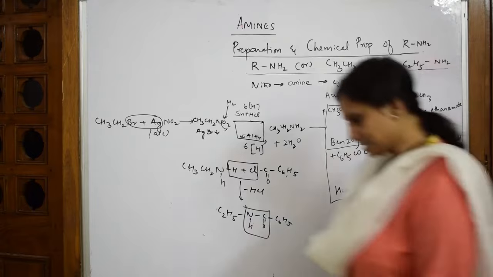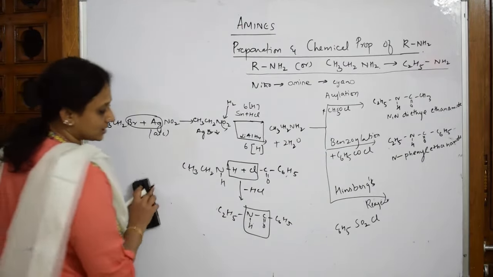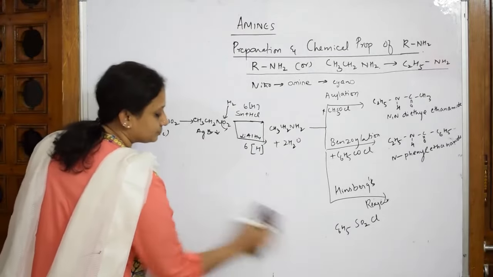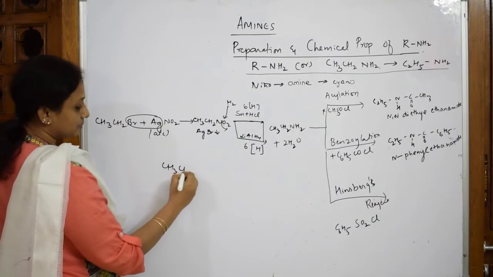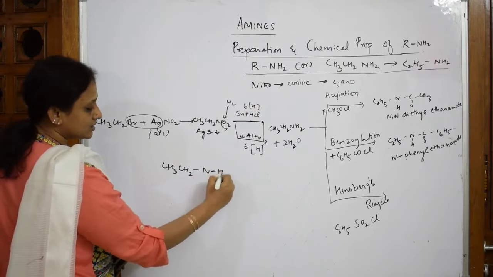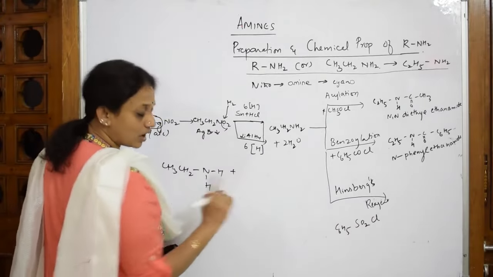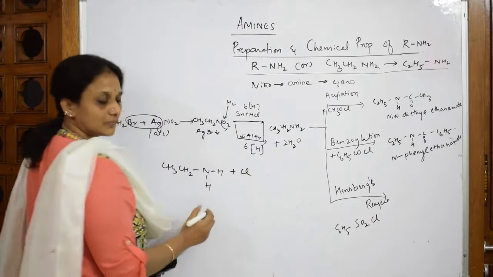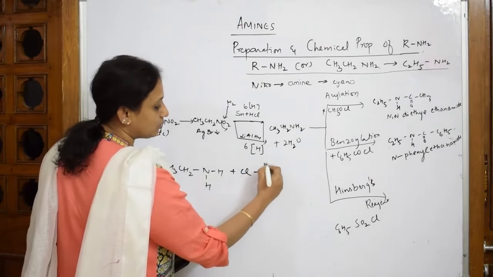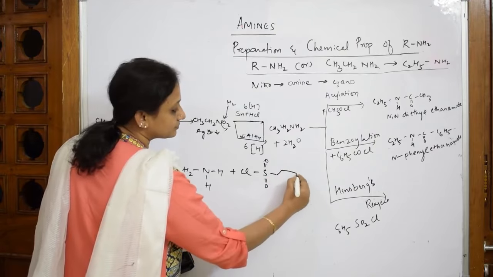Now let us write Hinsberg reagent. So in Hinsberg test, what should I take? CH3 CH2 NH2. I mean, take this Hinsberg reagent. How are you taking? You're going to take chlorine on this side, S double bond O, and your benzene ring.